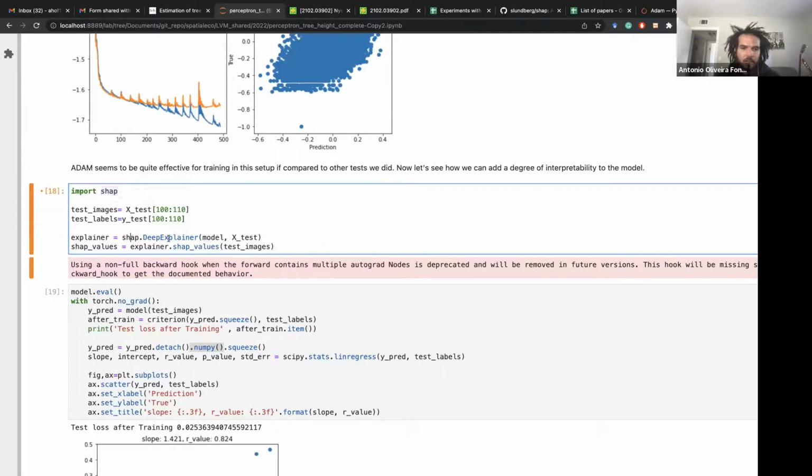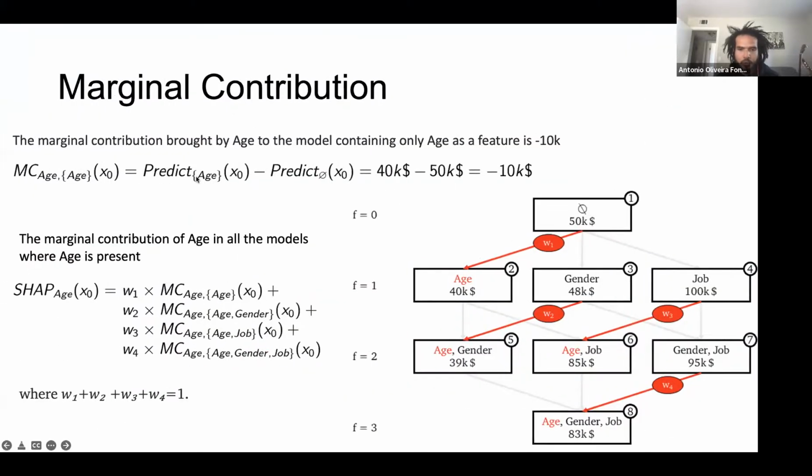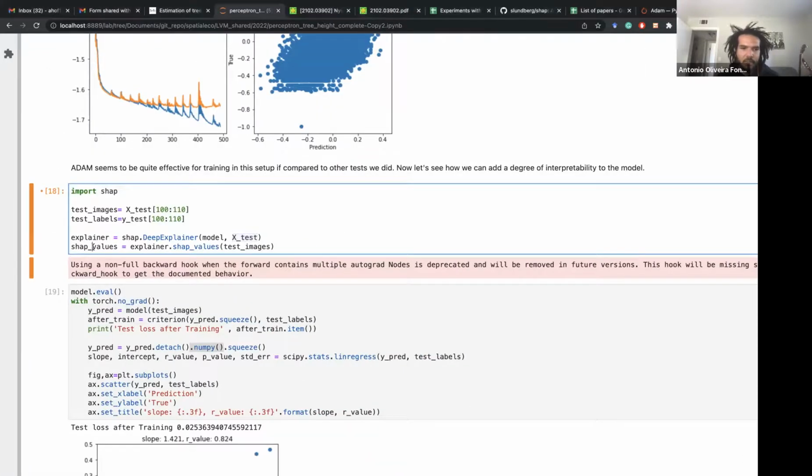SHAP has one class called DeepExplainer. Essentially what it does is relate the model to X test, that's our test data set, okay? And how these variables are conditioned on each other, this marginal contribution that we saw here, is essentially what SHAP values are.